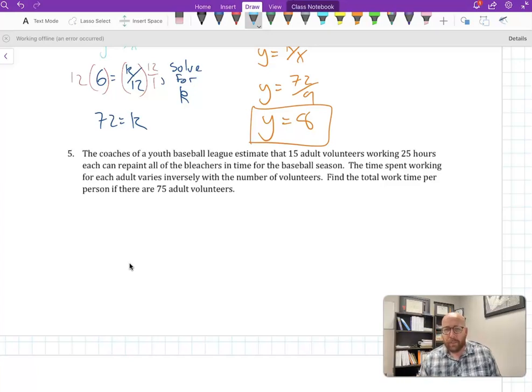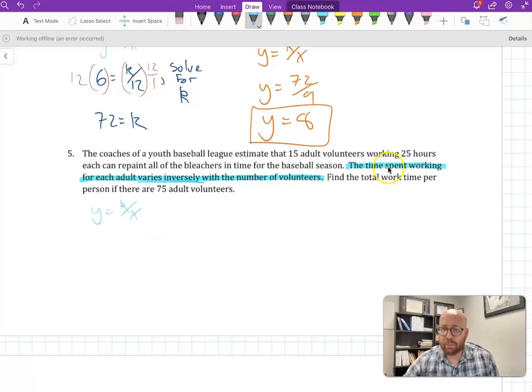All right. So the first thing we need to do is determine what kind of variation we're talking about. And there it is, inverse variation: y is equal to k over x. Now, this statement, the time spent working for each adult varies inversely with the number of volunteers, tells us what units y and x will take on.